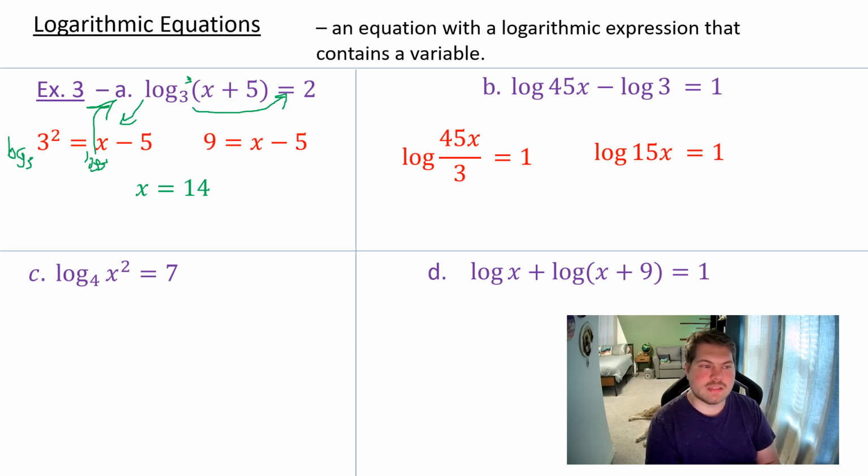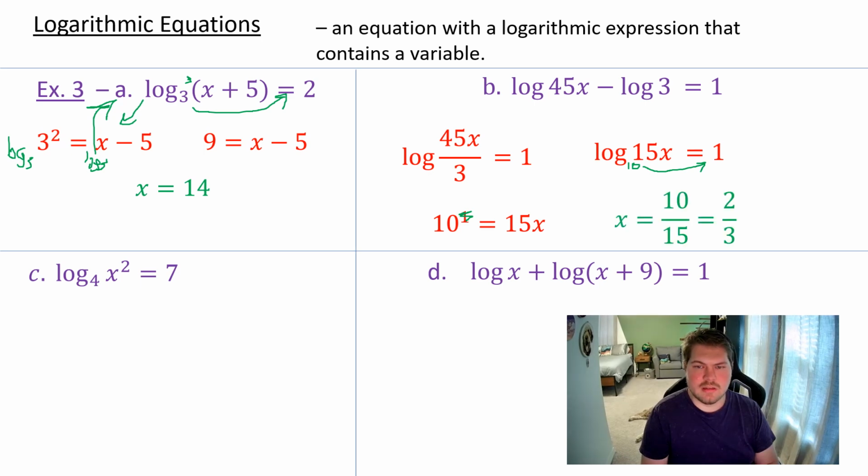Well, we can use the same idea that we did for the first example here, and we can move our log to the other side. Remember, if it doesn't say anything, we assume that it's base 10. So we can move 10, and 10 to the power of 1 is 10. And then we're going to divide 15. So we get 10 over 15, which is the same as 2 over 3.